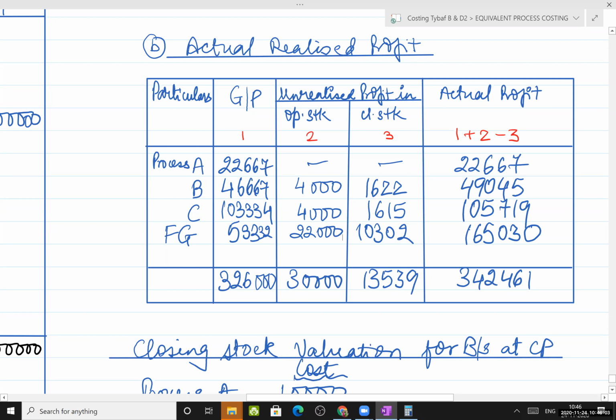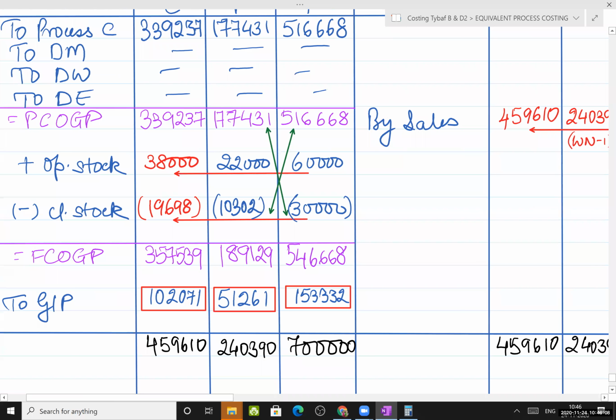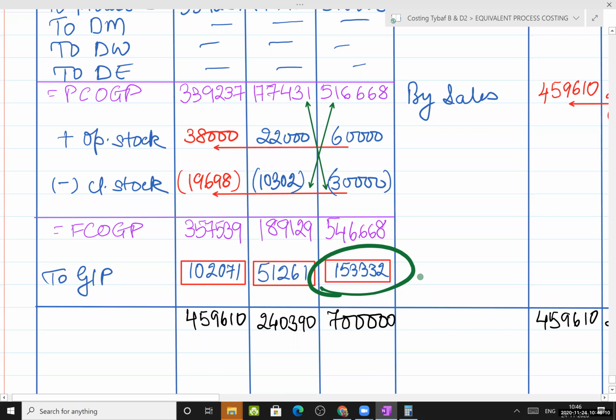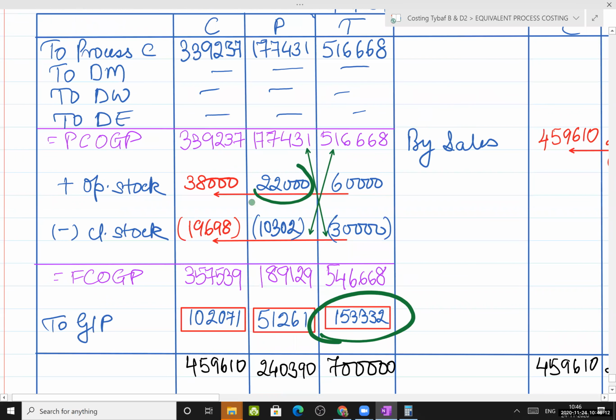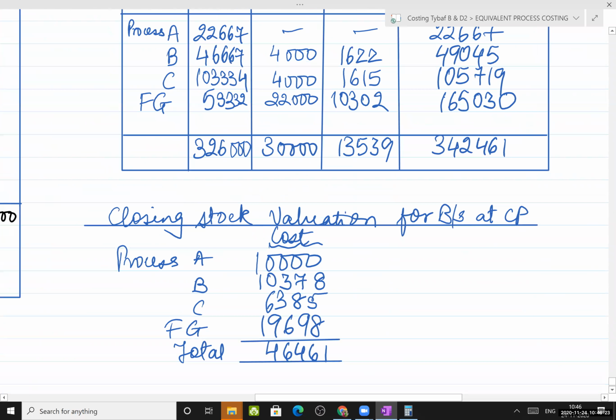And last, finished goods stock. Profit is how much? 1,53,332. Opening stock profit is 22,000. Closing stock profit is 10,302. Okay.